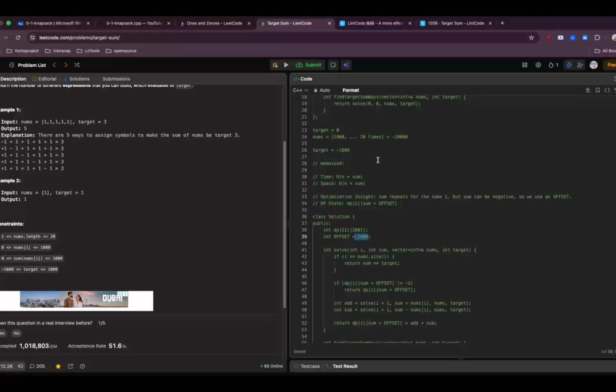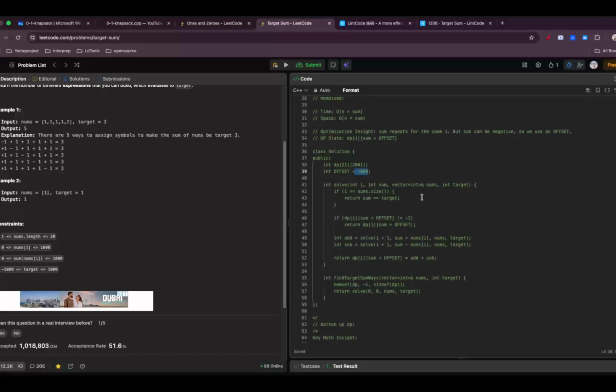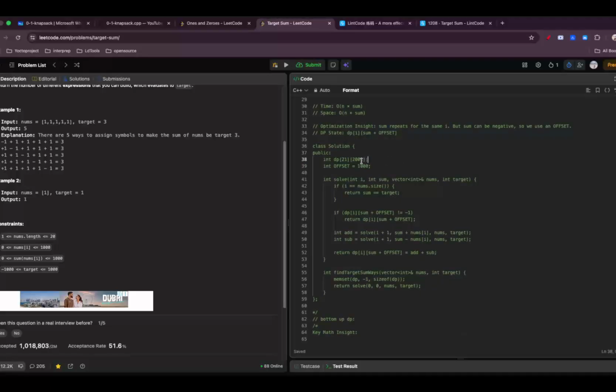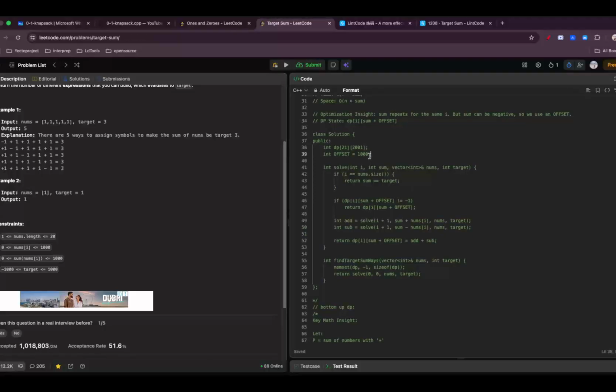We are just adding it 20. Fine. Anyhow, that is the case, because now accordingly we are taking that 1000 as the offset also.